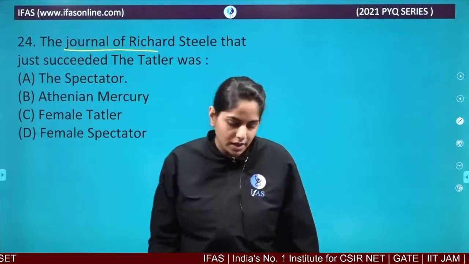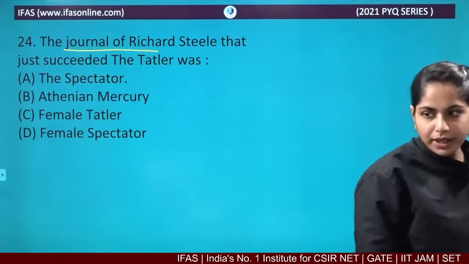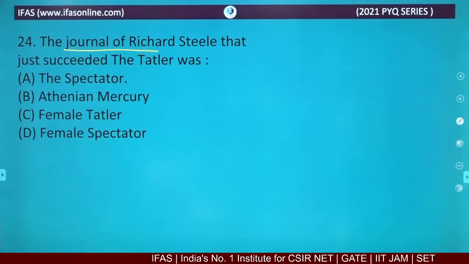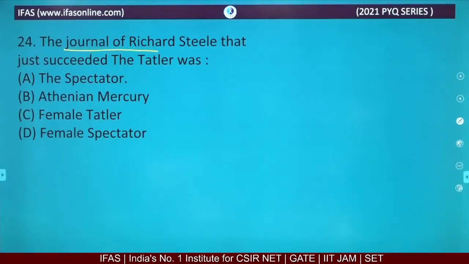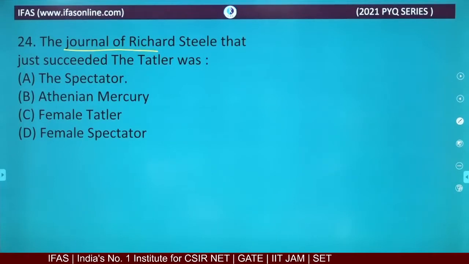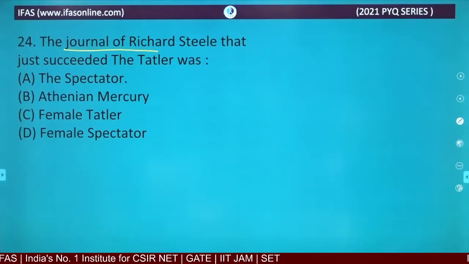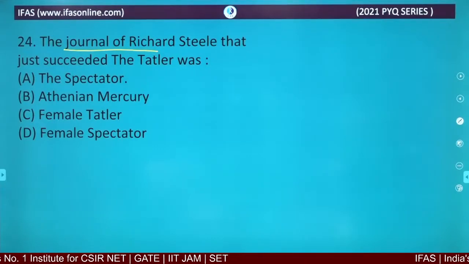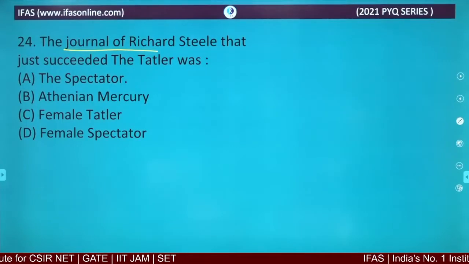Who can give me the answer? We have one answer from Shweta. Shweta is saying B. Okay, Shweta, very good. Let's wait for others to try, then we will discuss the answer. Before that, tell me what is the meaning of Tatler?